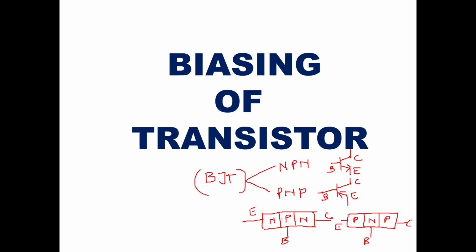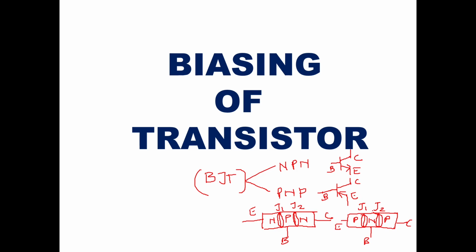It is called bijunction because if you see the layer diagram here, you will get junction 1 and here you will get junction 2. Same is the case with PNP. This is a junction between P and N type material, and this is also a junction between P and N type material.